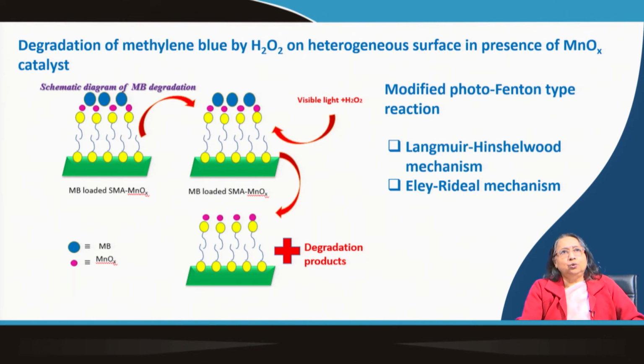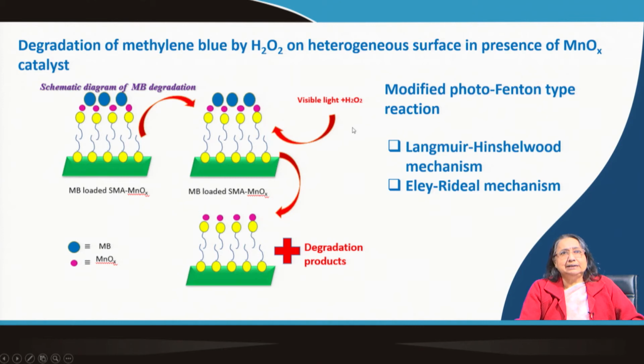So, if both substrates, say for example A and B, are reacting, and both A and B are adsorbed on the catalyst surface, then this is called the Langmuir-Hinshelwood mechanism.